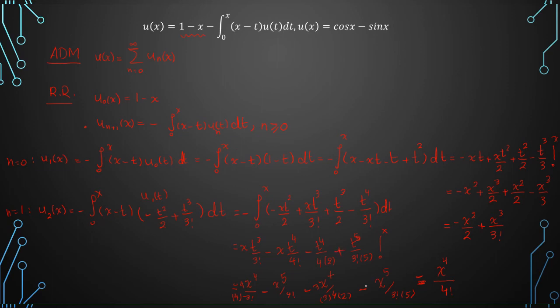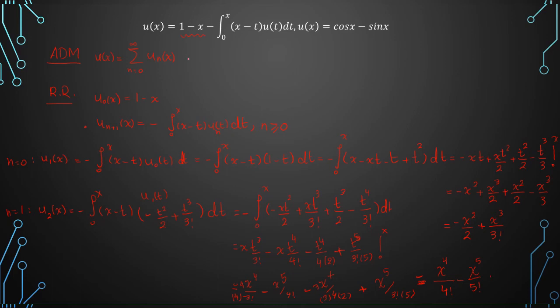I forgot to put minus, multiply by minus to get plus here, so we will have 4 minus 5, which is minus x raised to 5 over 5 factorial, okay.